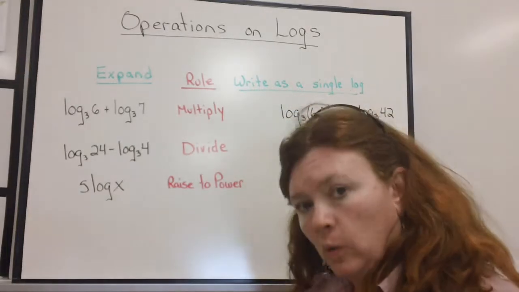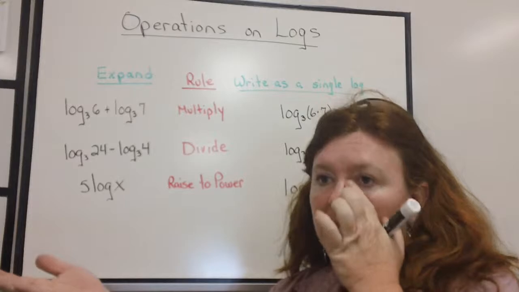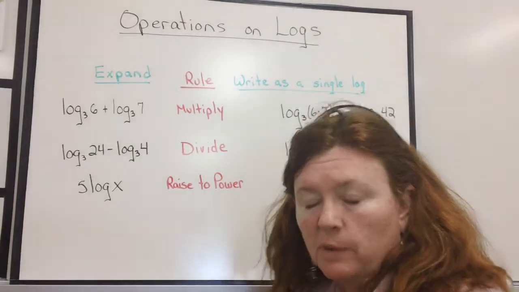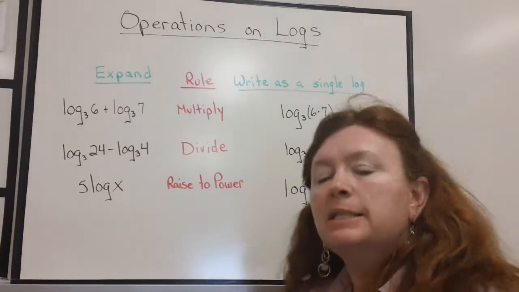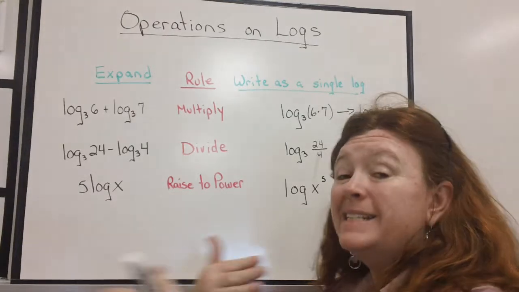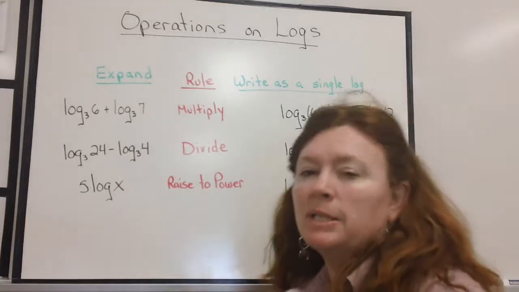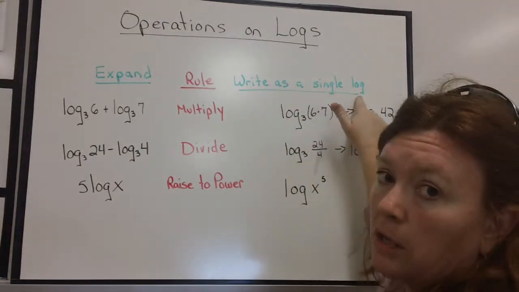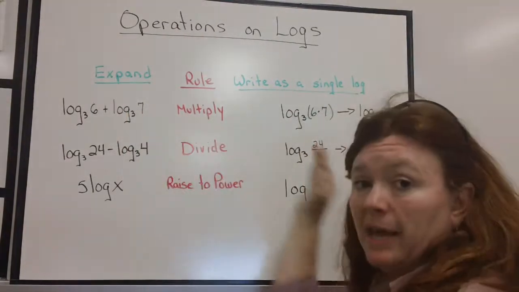Kind of like before when we talked about going from exponential form to log form or log form to exponential form, we're also going to look at a series of logarithms, either expanded out or condensed in. I learned it as condensed, but now it's kind of changed, and the directions instead would be to write as a single log. So the question would be, could you go from one to the other?